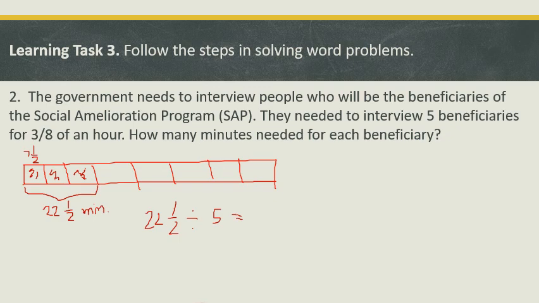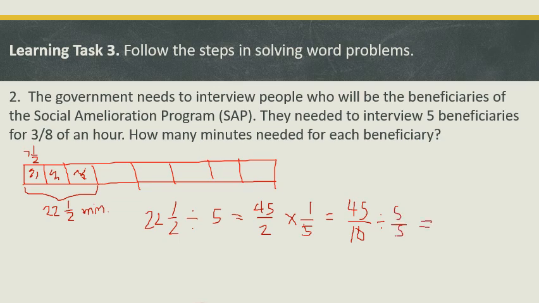So, 22 and 1/2 ay magiging 45 over 2 or 45 halves times yung reciprocal ng 5 is 1/5. So, ito po ay magiging 45 over 10. Or, pwede natin i-divide sa 5.